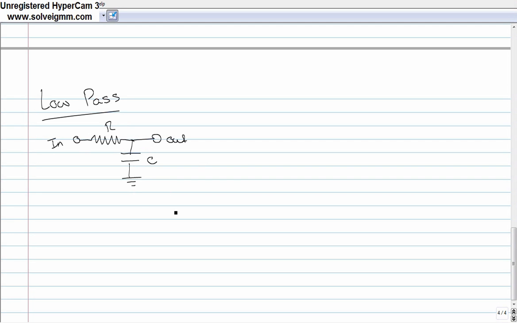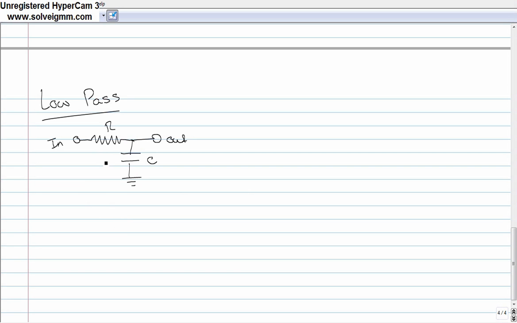Now we're going to talk about a little bit of math. We know it's got a resistor, and we also know that a capacitor acts like a resistor; it has some resistance as it charges. The reason this is important is because it changes the way the device functions.